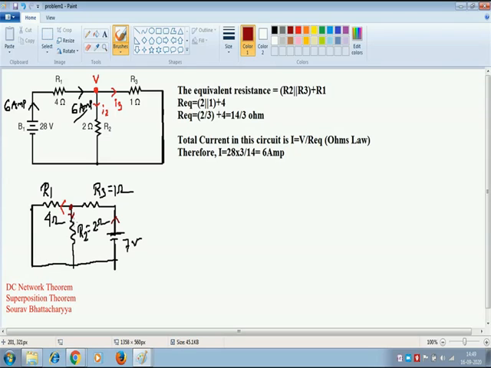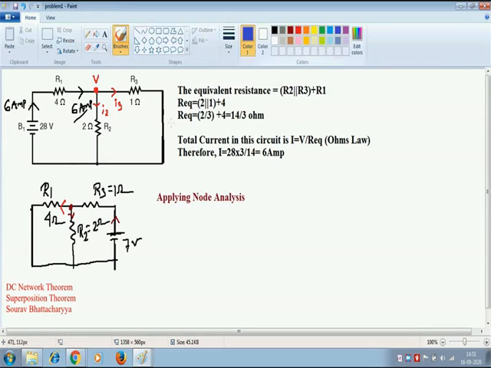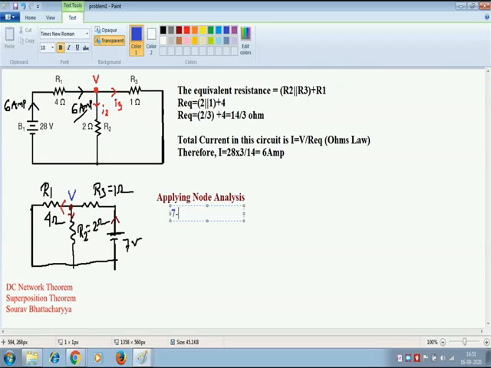So now you will apply node analysis in this problem. Applying node analysis, the node voltage is V. 7 minus V divided by 1 is your incoming current, that is, voltage by resistance is equal to current. 7 minus V by 1 is your incoming current, equal to outgoing currents.